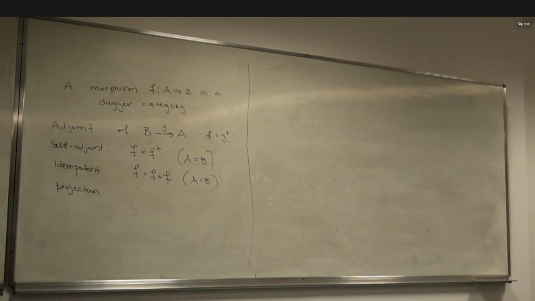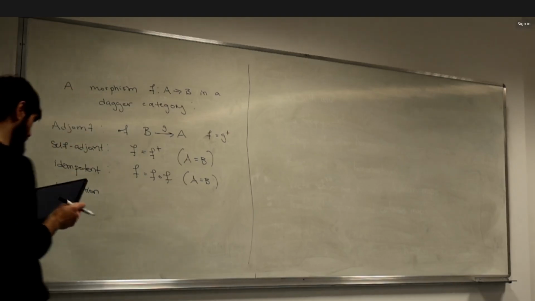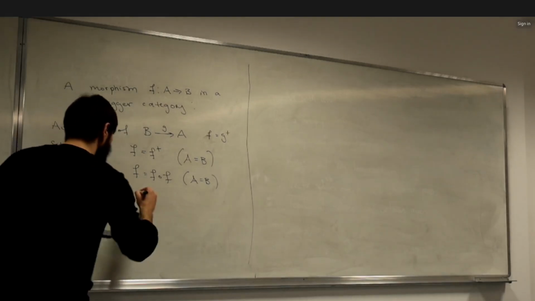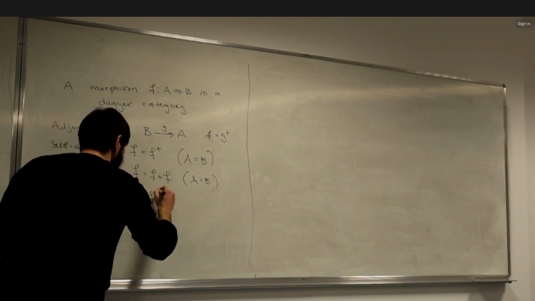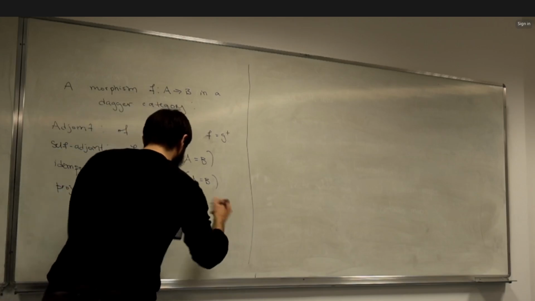Basically what I'm doing is saying that many of the things we find natural in FHilb can be defined more generally in a dagger category. A projection is self-adjoint and idempotent.